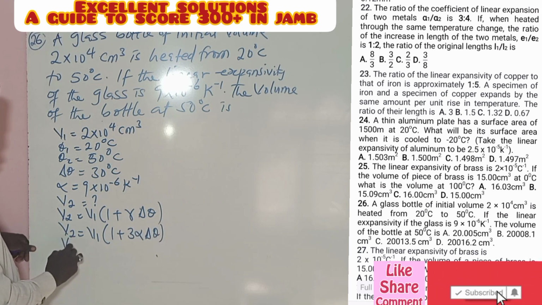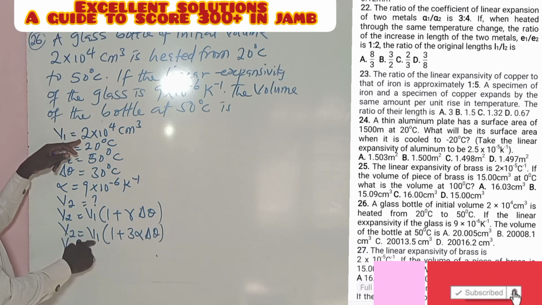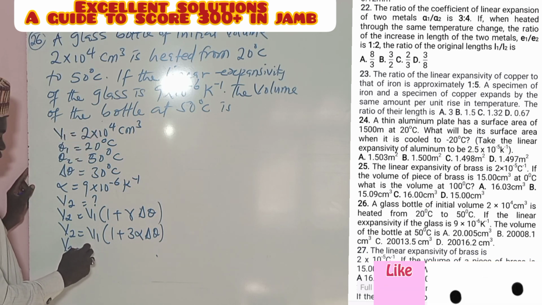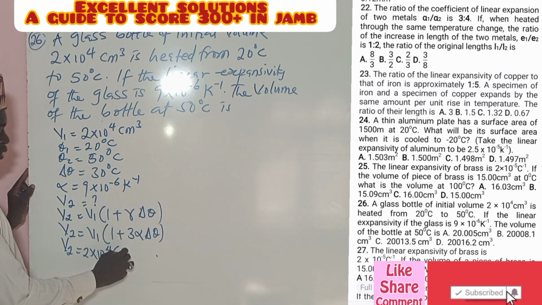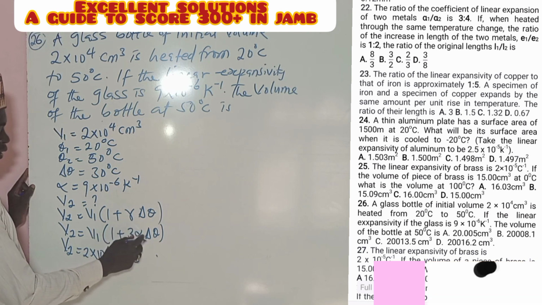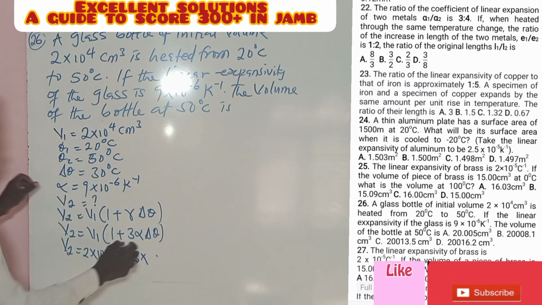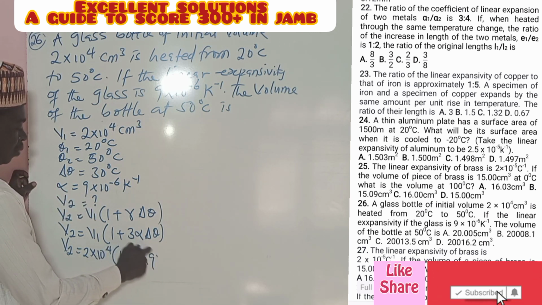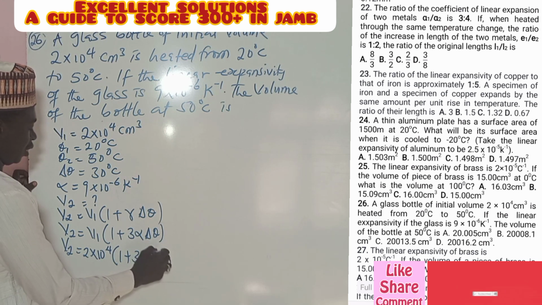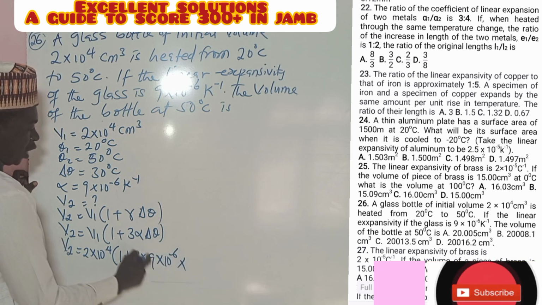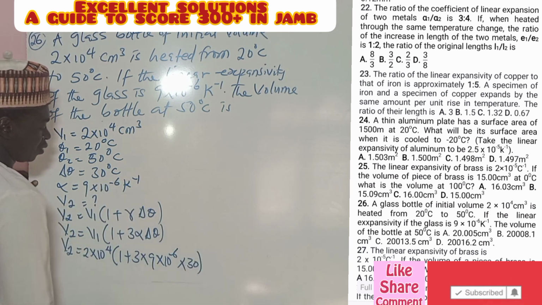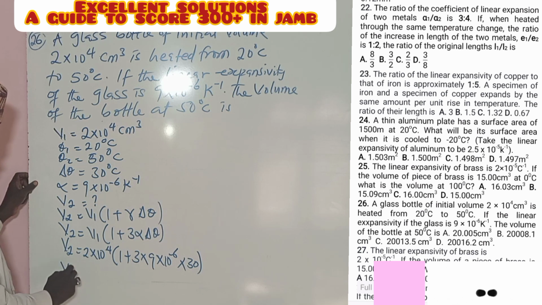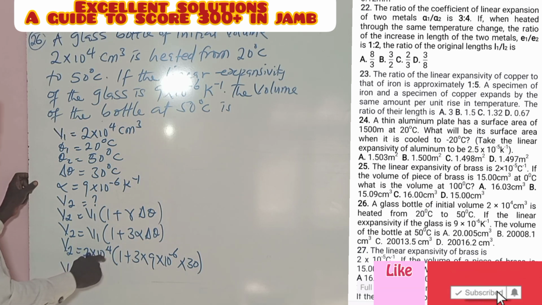So this gives us V2 equals our V1, which is 2 exponential 4, so 2 exponential 4 bracket open 1 plus this 3 is here times 9. Alpha is 9 exponential minus 6 multiplied by our delta theta, which is 30, times 30. So this gives us V2 equals this 2 exponential 4, which is the same as 20,000.